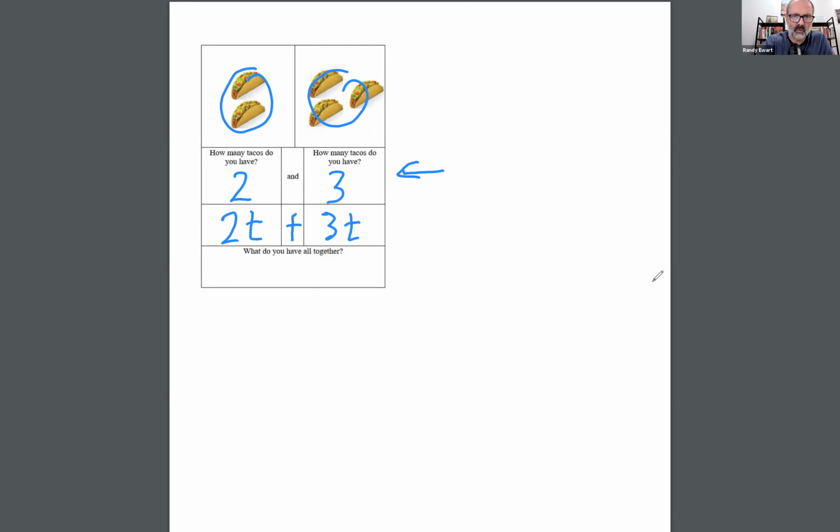Now look what we have here, an algebraic expression, 2t plus 3t, 2 tacos plus 3 tacos. And that gives you 5 tacos. That is simplifying.